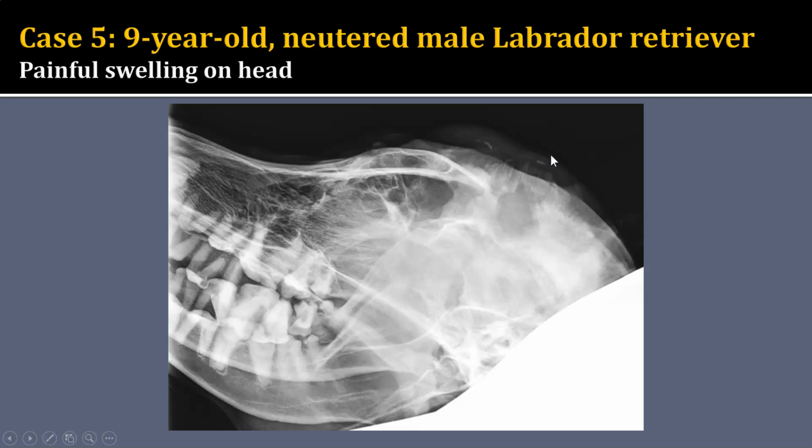And so my findings are that I do see soft tissue swelling here along the parietal bone, maybe just caudal to the frontal sinus and frontal bone. Then when I look in the region of the irregular soft tissue swelling, especially at the osseous structures, I'm hoping that you can see that there is this very poorly defined, almost geographic area of lysis, but then there is some moth-eaten lysis in other portions of the parietal bone.